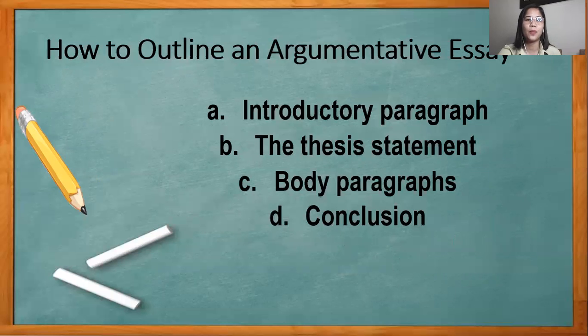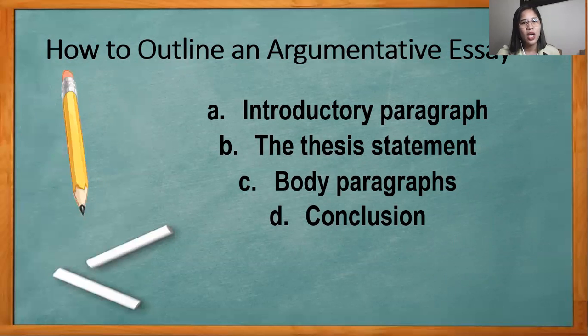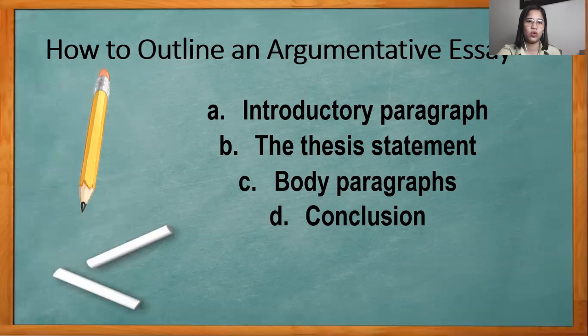All right, now let us know how to outline our argumentative essay. First and foremost, when we will be writing a paragraph, of course, it must always have an introduction, body, and conclusion.